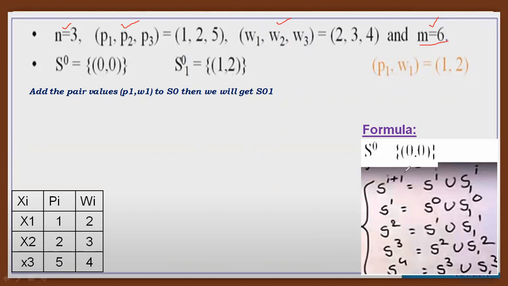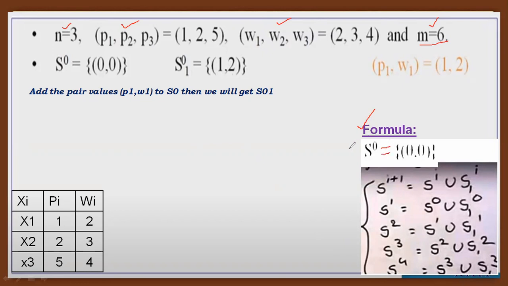And here you need to solve the given problem by using the dynamic programming technique. Once you apply the dynamic programming technique to solve the given problem, you should remember the formulas. Very, very important. Everybody should remember the formulas.